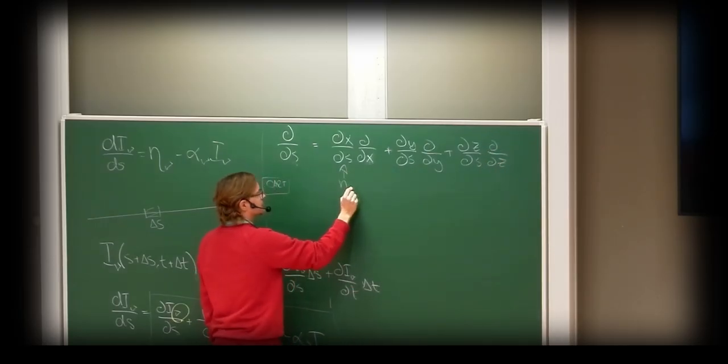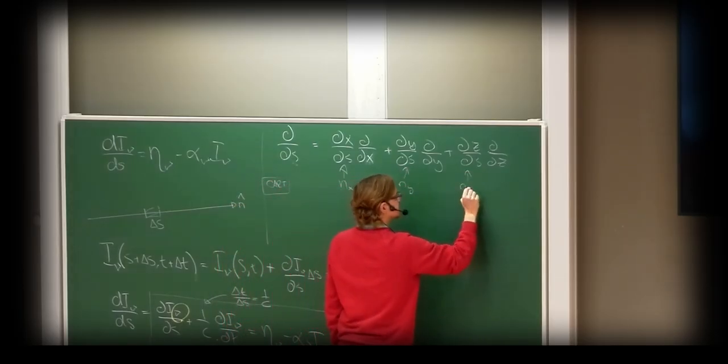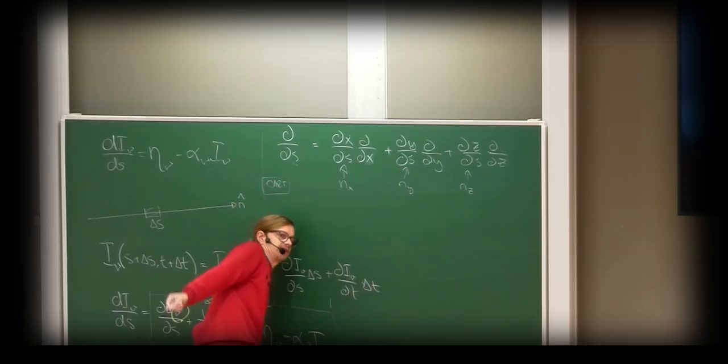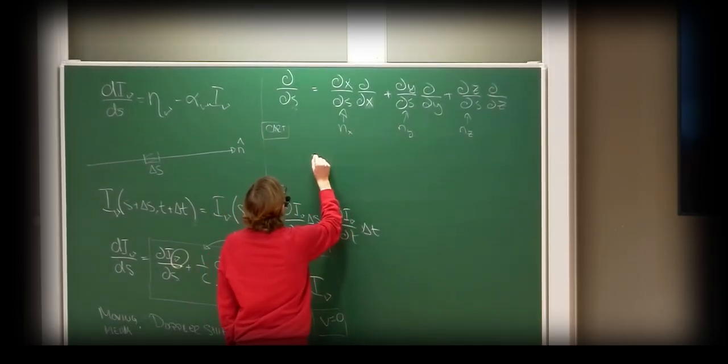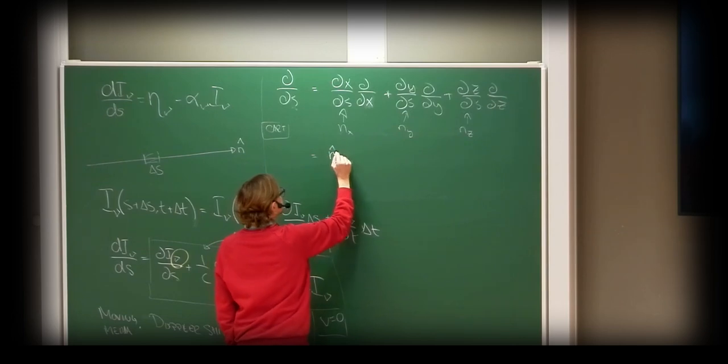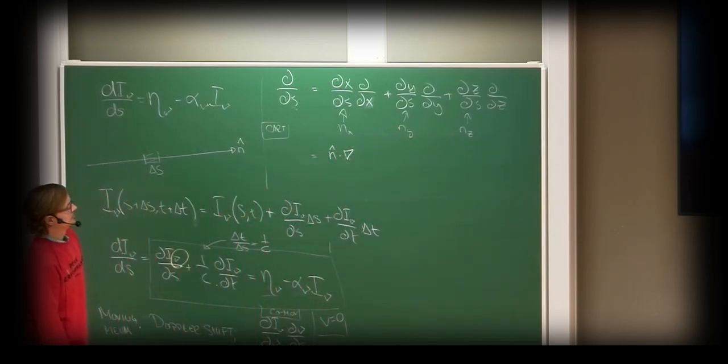However, here you can of course see that this is just nx, this is just ny, this is just nz, where n is our unit vector that we have introduced before. And here you see your gradient vector, so you can actually write this as n hat dot product with the gradient operator.